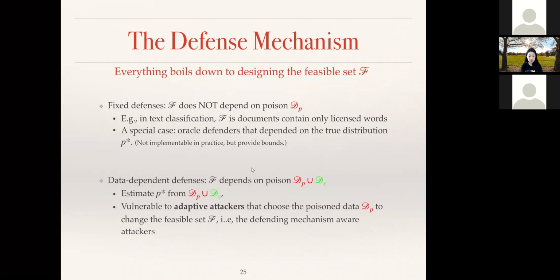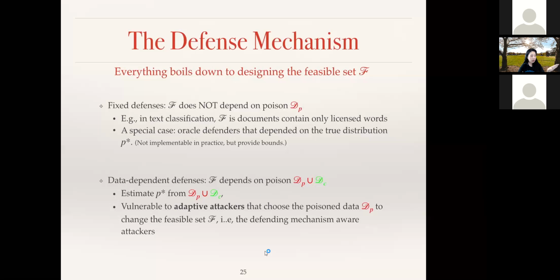The paper also talks about special cases, like Oracle defenders that depend on the true distribution, although oftentimes this is not implementable. I haven't talked about F at all yet, but I'm just trying to analyze how we can design such an F and what the properties of F are.